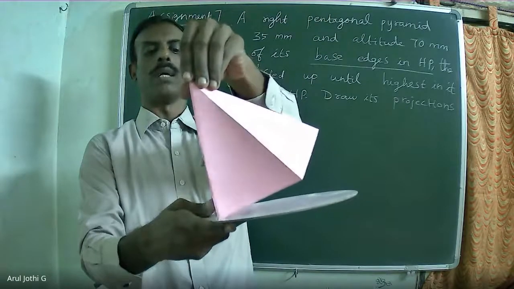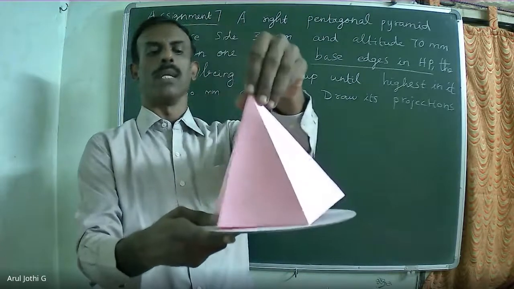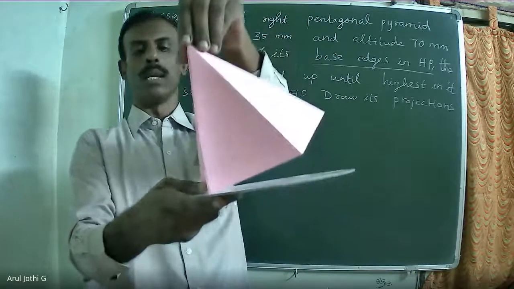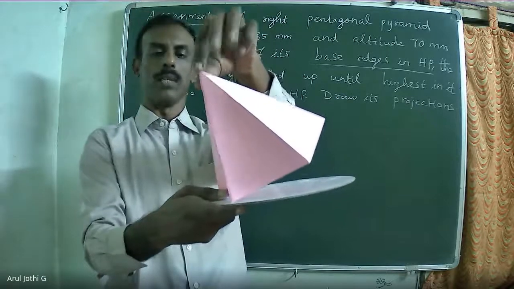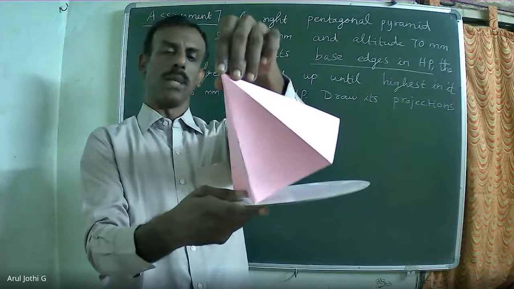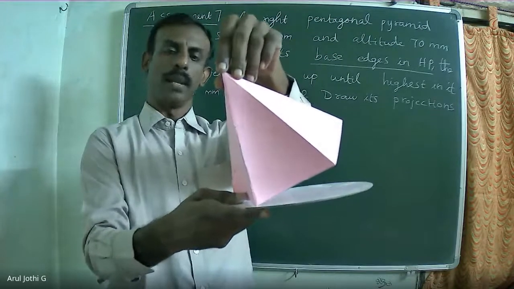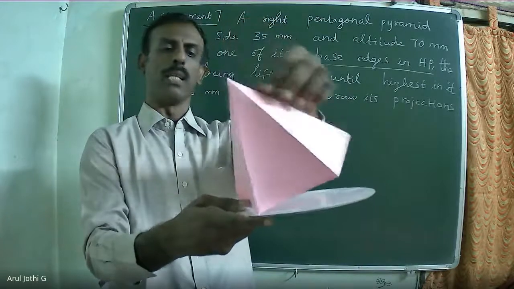When you lift the highest point of the base 30 mm above HP, automatically one of the base edges will be lying on HP and the axis inclined to HP. So instead of directly giving the axis inclined to HP, here they gave the inclination indirectly.